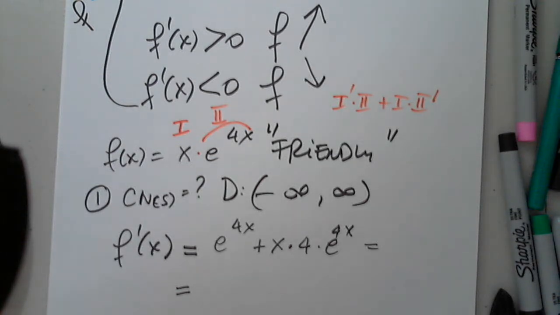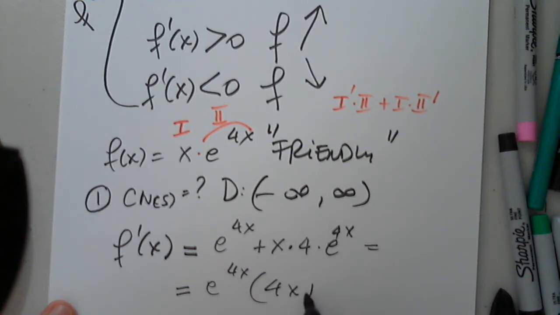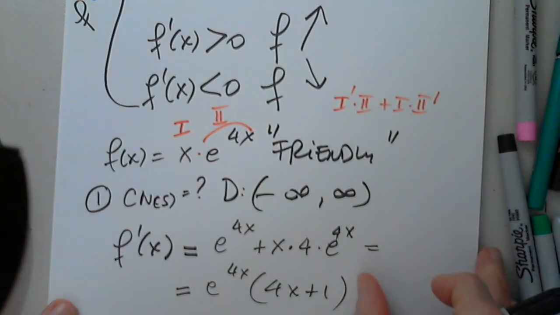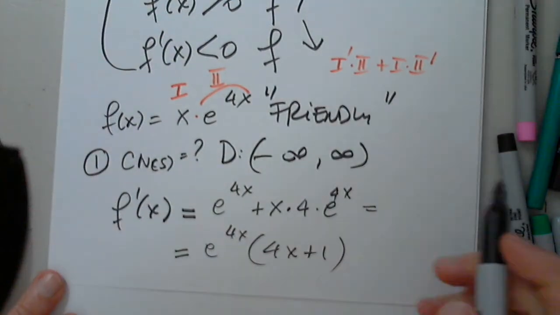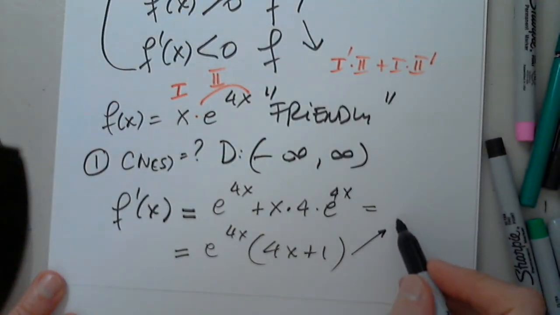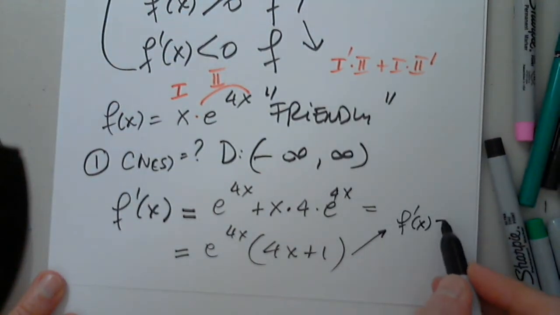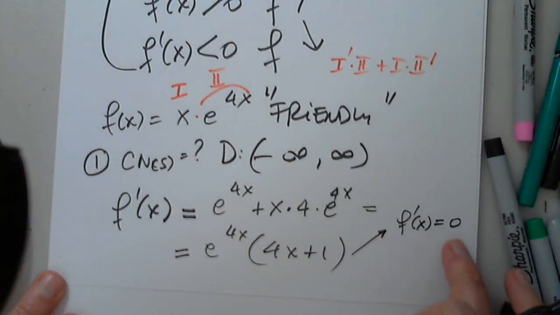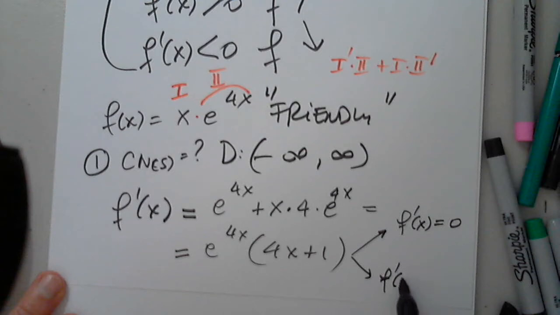You're factoring out the e to the 4x. Excellent. And I get 4x plus 1. Now I'm asking myself two things. Does this equation have solutions? And the second is, is f prime ever undefined?